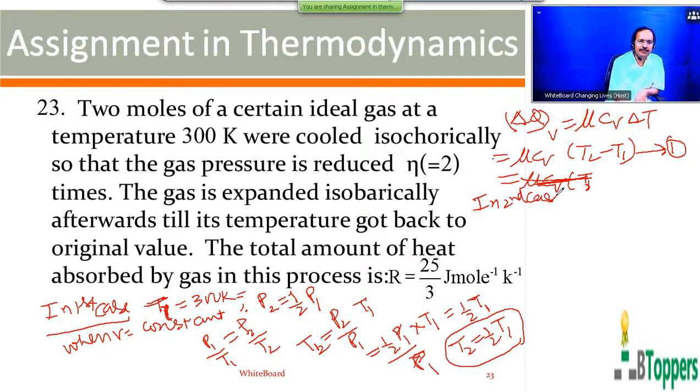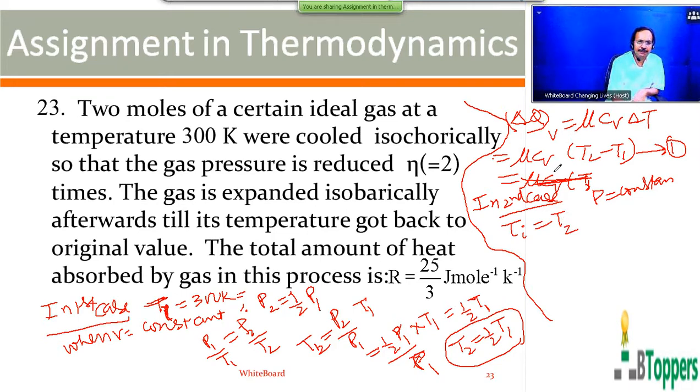In the second case, the gas undergoes an isobaric process. That means pressure is constant in an isobaric process. Heat energy absorbed by the gas in the second case at constant pressure is given by nu Cp delta T. In the second case, the initial temperature is T2.